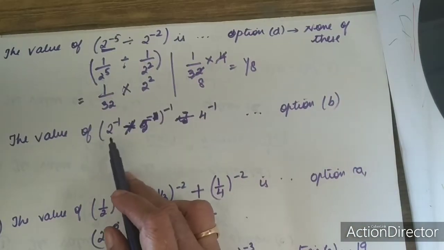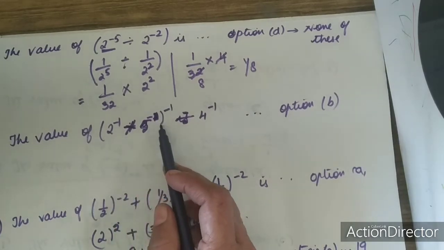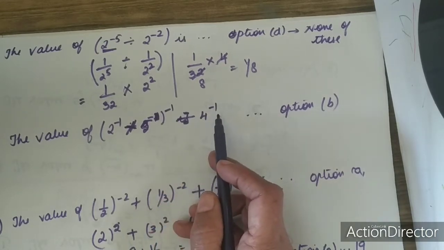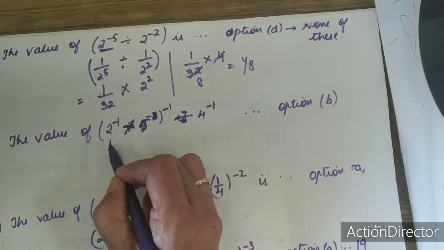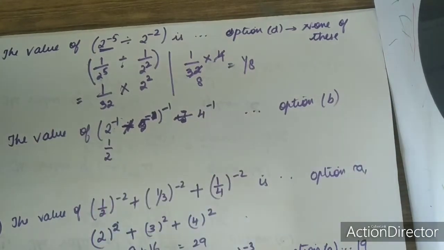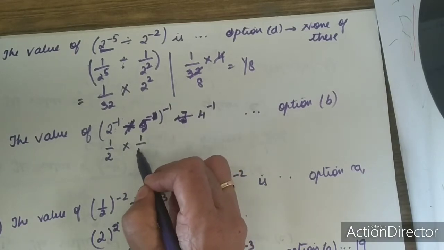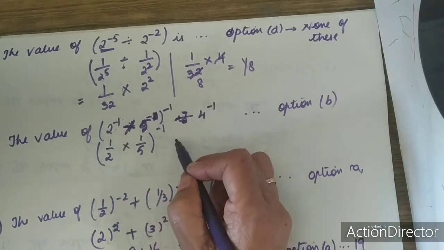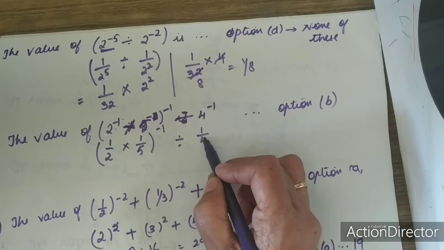Moving on to the next question. (2 power minus 1 into 5 power minus 1) whole raised to the power minus 1, divided by 4 power minus 1. So this 2 power minus 1, making the power positive, will become 1 upon 2, and 5 power minus 1 will become 1 upon 5, whole raised to the power of minus 1, divided by 4 power minus 1, which will become 1 upon 4.